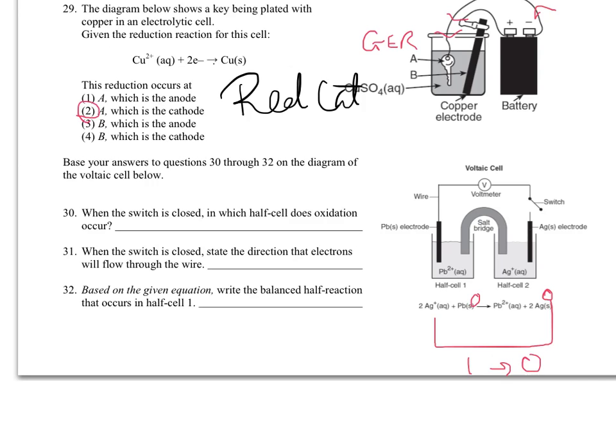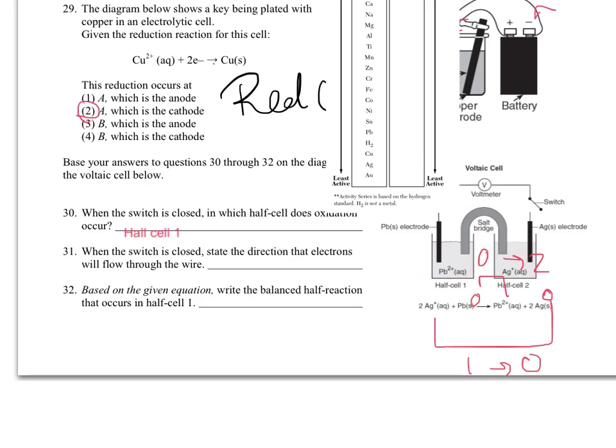So that means that the lead is going to go from 0 to 2. That is an oxidation. So lead is undergoing oxidation. We look for which half cell lead is located in, and we can find lead here on the left. That's half cell 1.